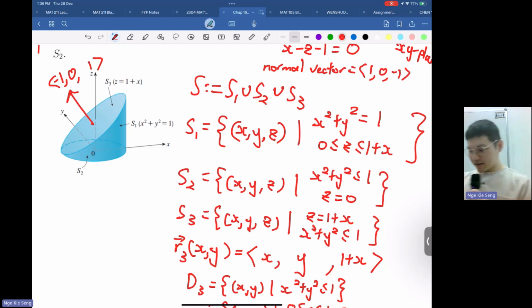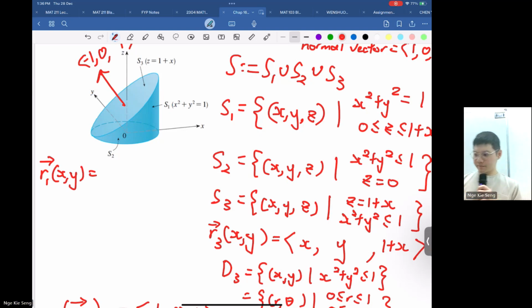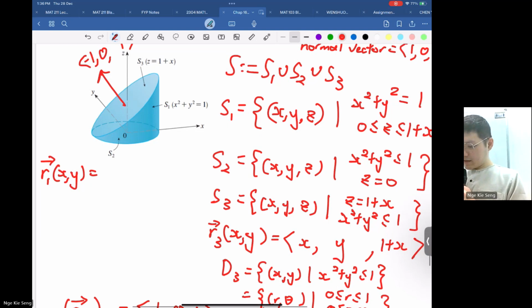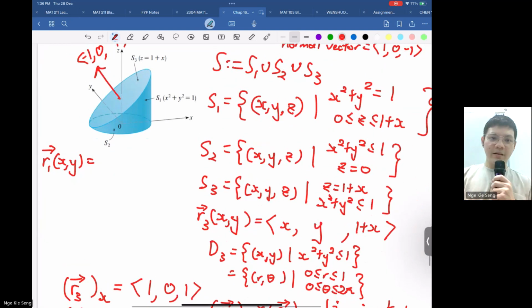Okay, so let's start with parameterizing x1. What should the parameterized surface for x1 be? Any idea?